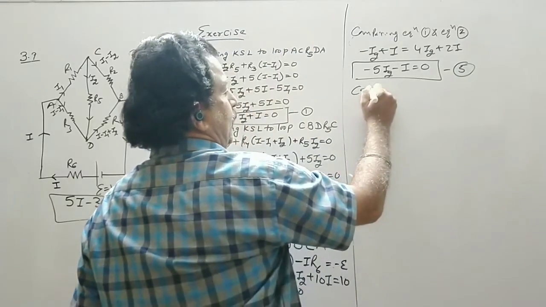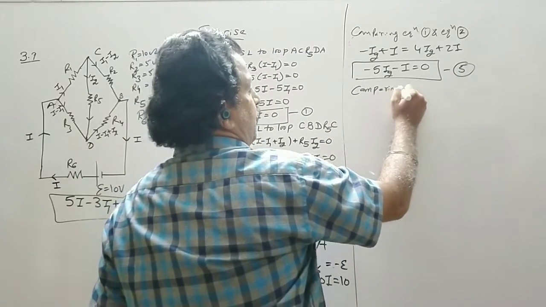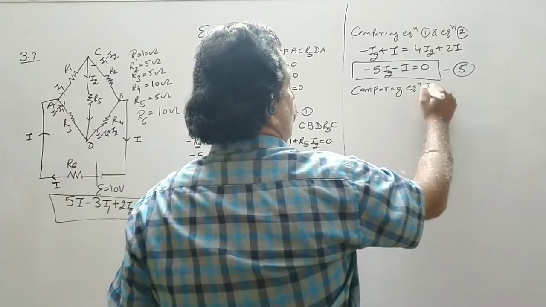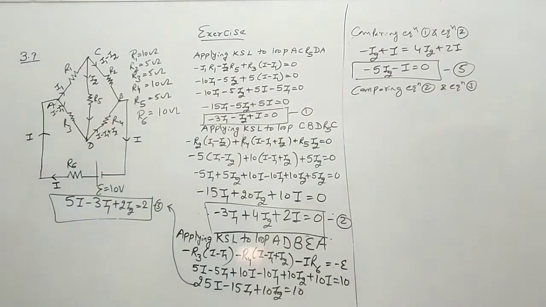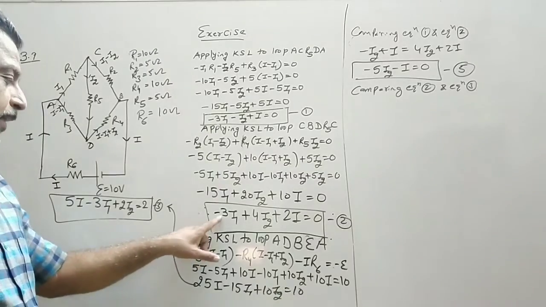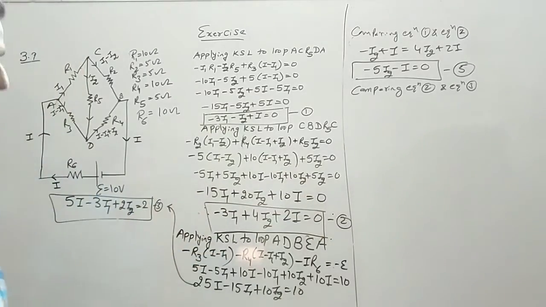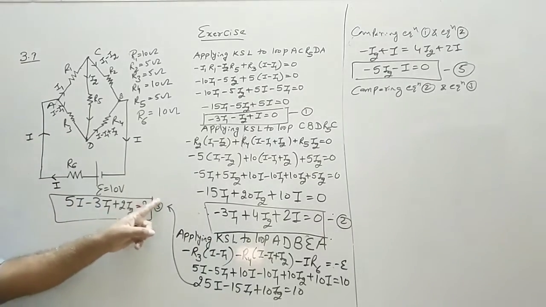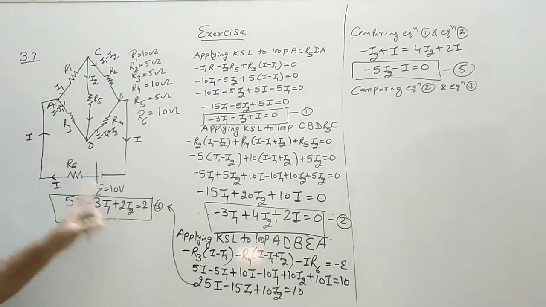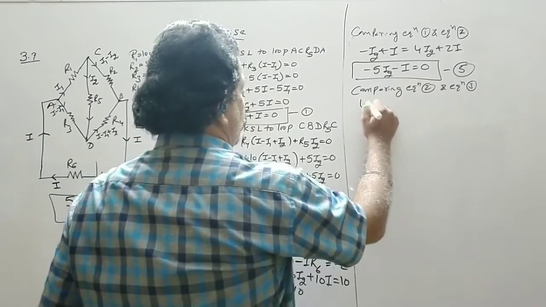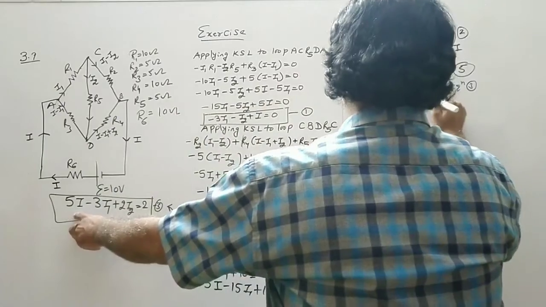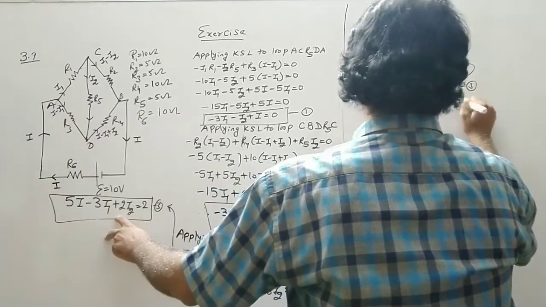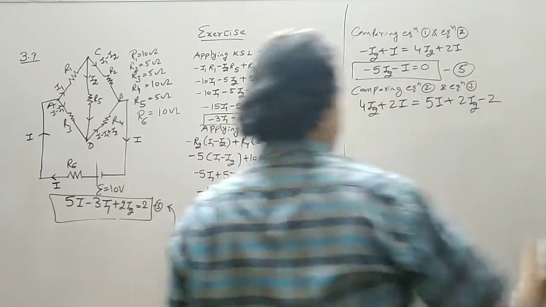Now similarly, comparing equation 2 and equation 3. Again minus 3I1 is taken to that side, so it becomes plus 3I1. Here minus 3I1 taken to that side becomes plus 3I1. 2 is taken to this side. So 4I2 plus 2I is equal to 5I plus 2I2 minus 2.